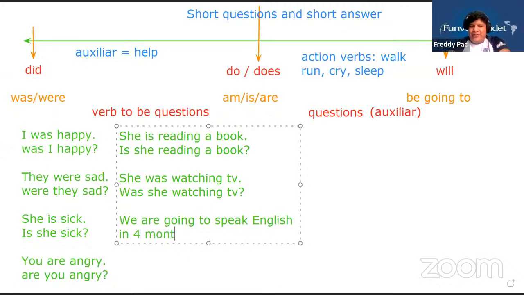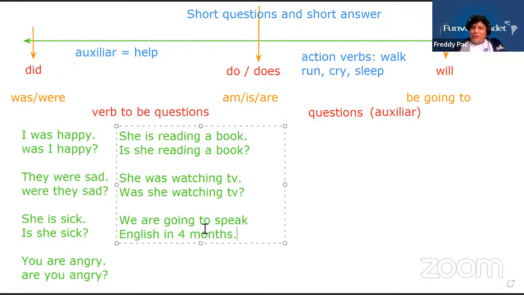In 4 months. Sorry guys, it is not a question. We are going to speak English in 4 months. Now it is an expression in future, but we are using the verb to be.